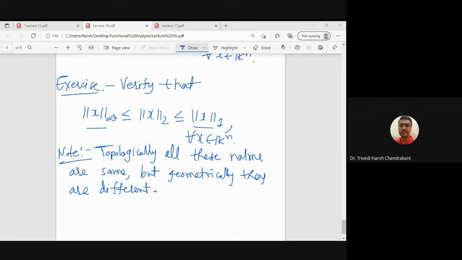But as far as convergence of sequences, every sequence that converges with respect to either the infinity norm, one norm or two norm will always converge in the other norms. So up to convergence, as per the metric, they are the same, but geometrically the shape of the unit ball is different.